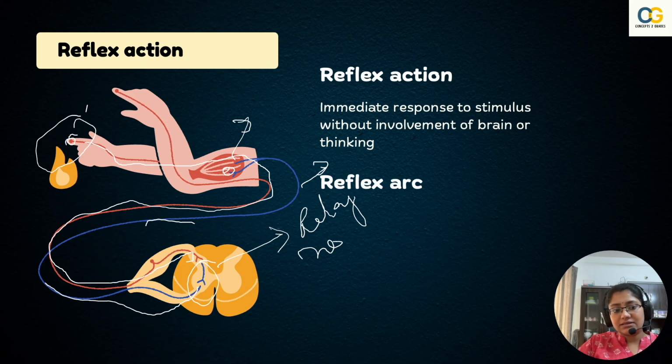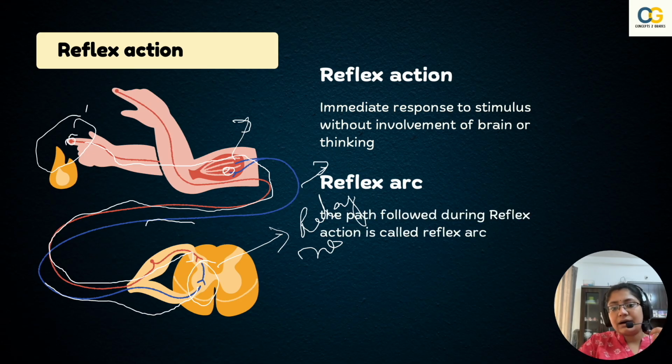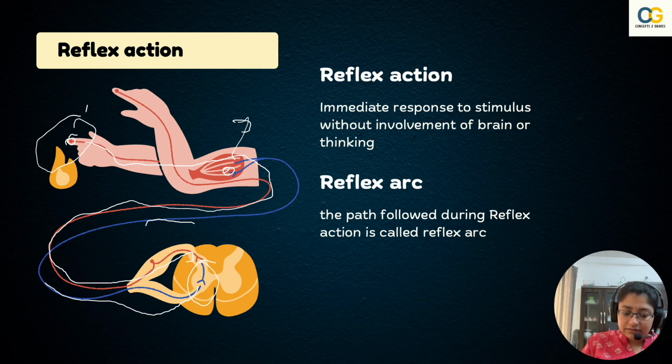And the path that is followed, that is heat, receptor, sensory neuron, relay neuron, then motor neuron, and then to the muscle, is called the reflex arc. The path that is followed during the reflex action is called the reflex arc, correct?